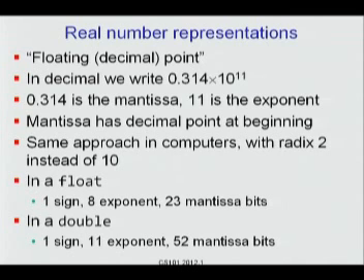There are 8 bits for the exponent, represented in 2's complement, because the exponent can be both positive and negative. The mantissa is a binary fraction, like I've drawn out on the board. There are 23 mantissa bits, 8 exponent bits and 1 sign bit. In a double, meanwhile, there is the same 1 sign bit, 11 exponent bits and 52 mantissa bits.